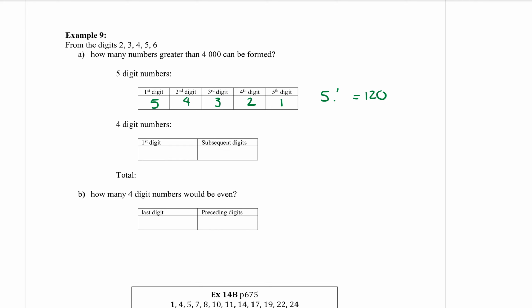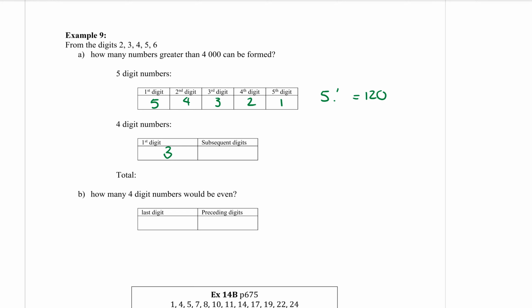Okay, the 4-digit numbers are a little bit more fun. You've already told me that for the first digit, I have 3 choices. It could be the 4, the 5, or the 6 to be larger than 4,000. Then, how many numbers do I have left? One of them's been chosen, so there'll be 4 numbers left.